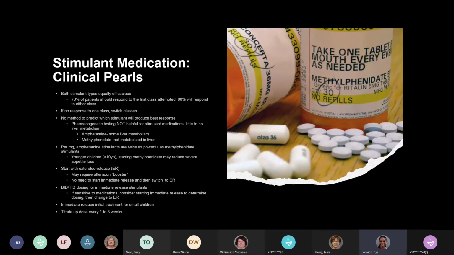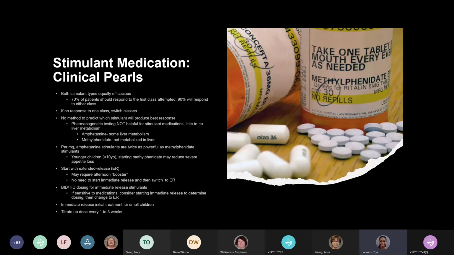When you have a kid who is treatment naive, they've never been treated for ADHD, you can literally pick whichever class you would like, because they are equally efficacious. 70% of patients should respond to the first class attempted, and then 90% are going to respond to either class. Now, the odds of responding to the same class of medication, if there is no response, is very low. So you need to switch to the other class if you didn't get any response in the first class.